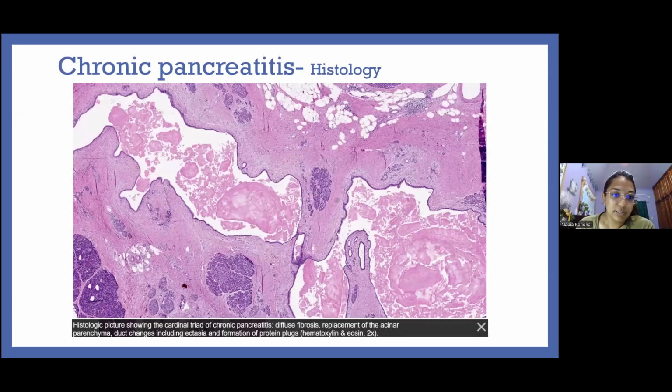So we could see the cardinal triad here. The pale areas would be fibrosis areas. There's these dilated glands with protein plugs and aggregates of pancreatic ducts and some inflammatory cells seen.